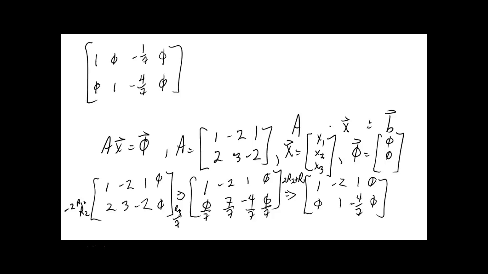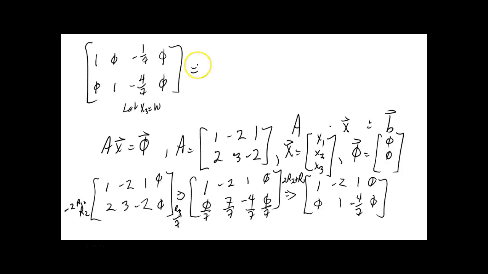What parameter do you want to use? I don't care. Give me one. Say again? W. Okay. And which one do you want to be W? Let x3 equal W. Okay.